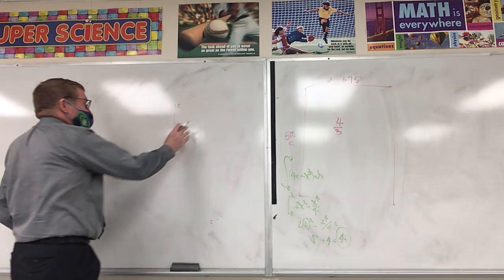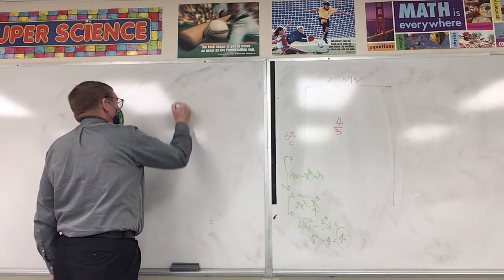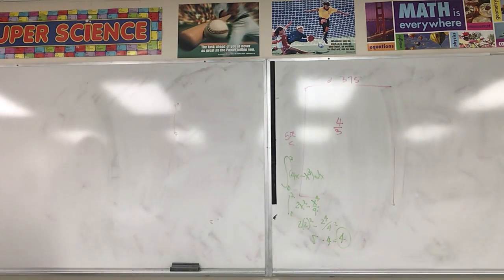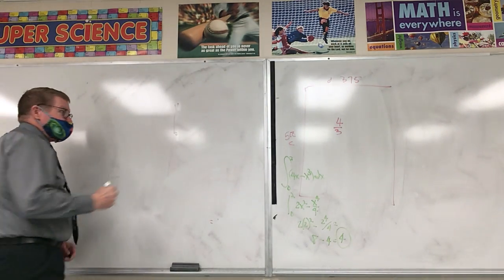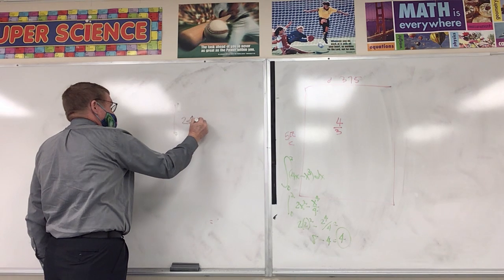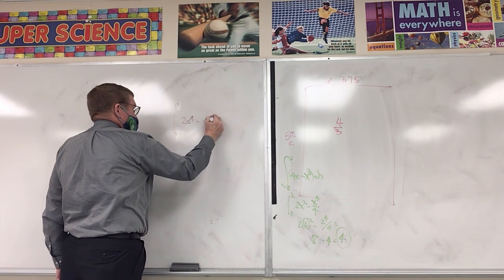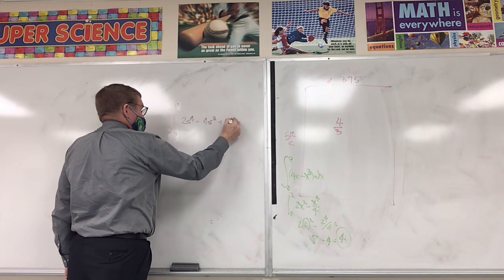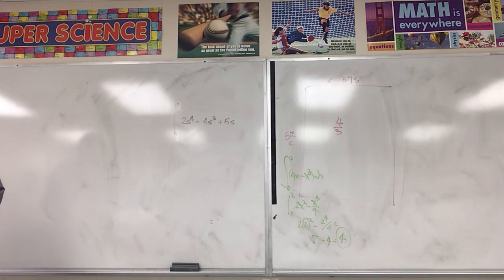What's your antiderivative, Cam? 2x to the 4th minus 4x cubed plus 5x.